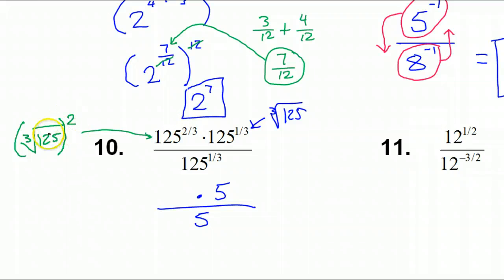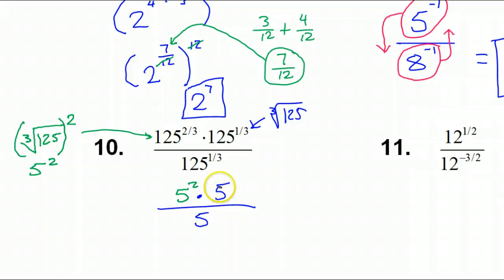Remember? Now the cube root of 125, like we just saw, is 5. So that will give us 5 squared.